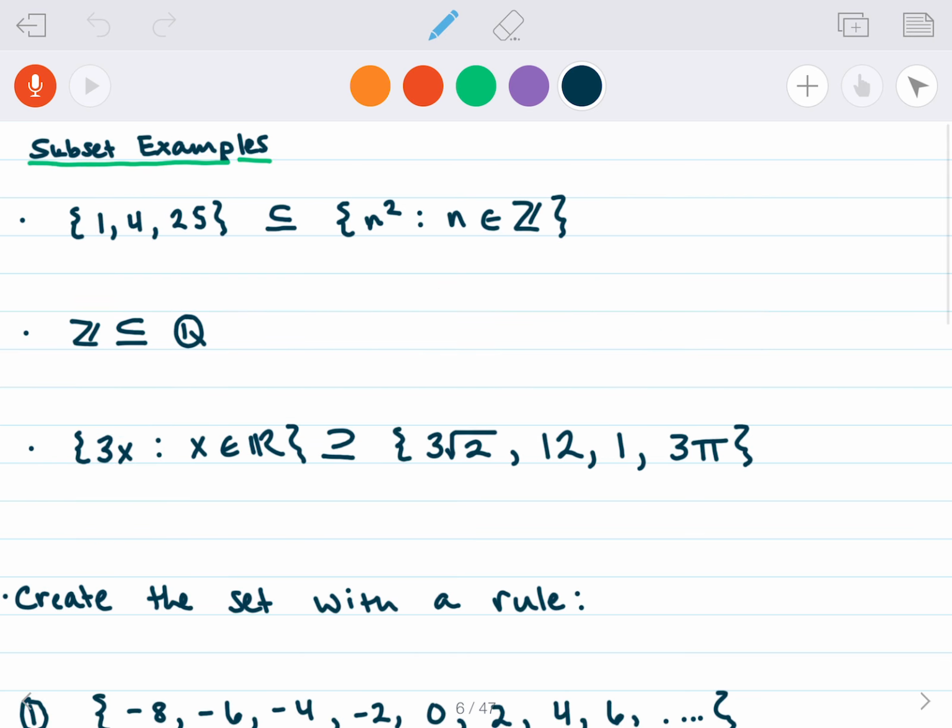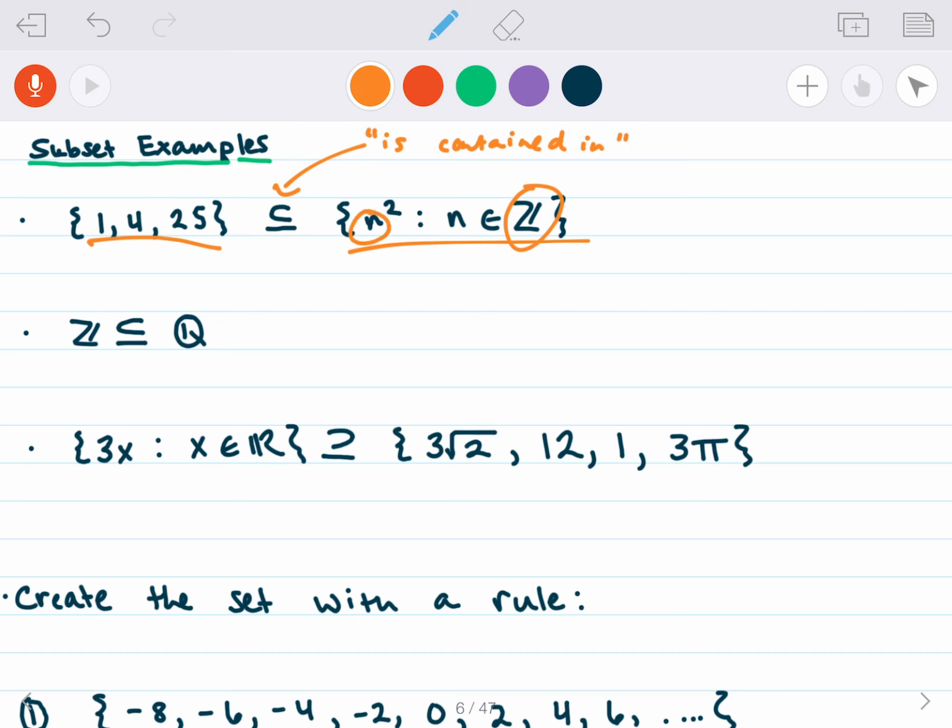All right? Let's go to the next one. Okay, so let's talk about some subset examples here. Remember, this means is contained in. So 1, 4, and 25 is contained in this set. Why? Well, n can be any integer. This is an infinite set, so we let n run as it will with this rule.